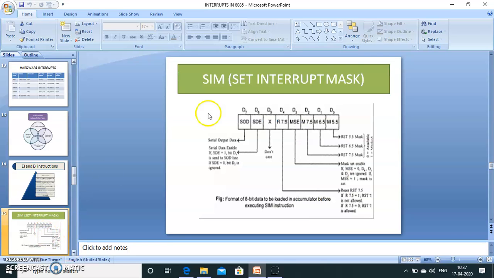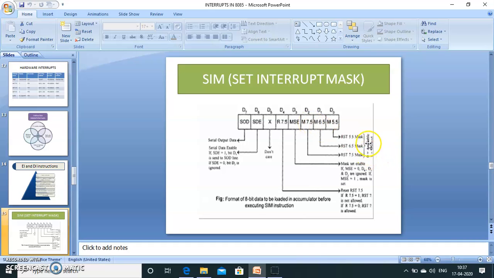Now coming to SIM, set interrupt mask. It is an instruction with 8 bits corresponding to it. We can mask all interrupts using the D3 bit, MSE. If it is 1, we can mask all interrupts; if it is 0, we can disable it. Each interrupt has a corresponding bit: RST 5.5 has M5.5, RST 6.5 has M6.5, and RST 7.5 has M7.5.